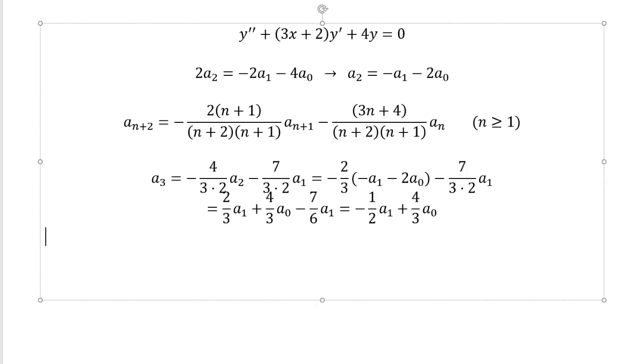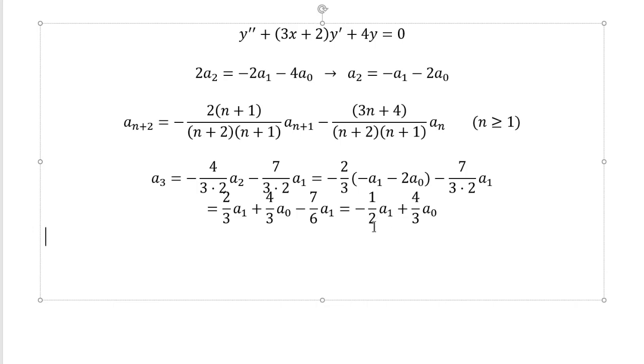Now, if you can find the pattern, that's even better. That means you can actually solve for all an, and you can write down the solution explicitly in full. But in most cases, it's extremely hard to find the pattern, so you just have a3 as something like this, and then a4 is something with a0 and a1.